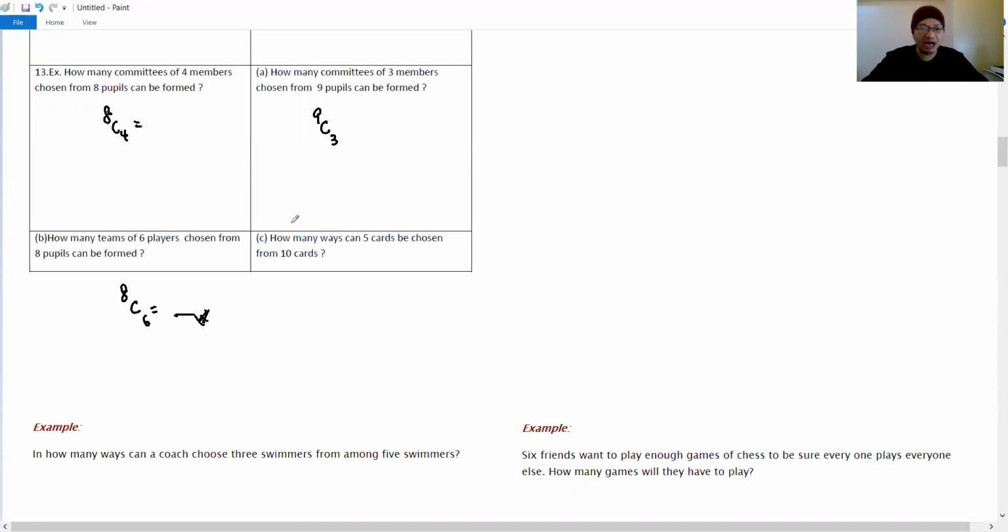And last one, how many ways can 5 cards be chosen from 10 cards? Very straightforward, 10C5. This one I calculate for you. 10C5. The answer is 252. Settle. Guys, that is the exercise.